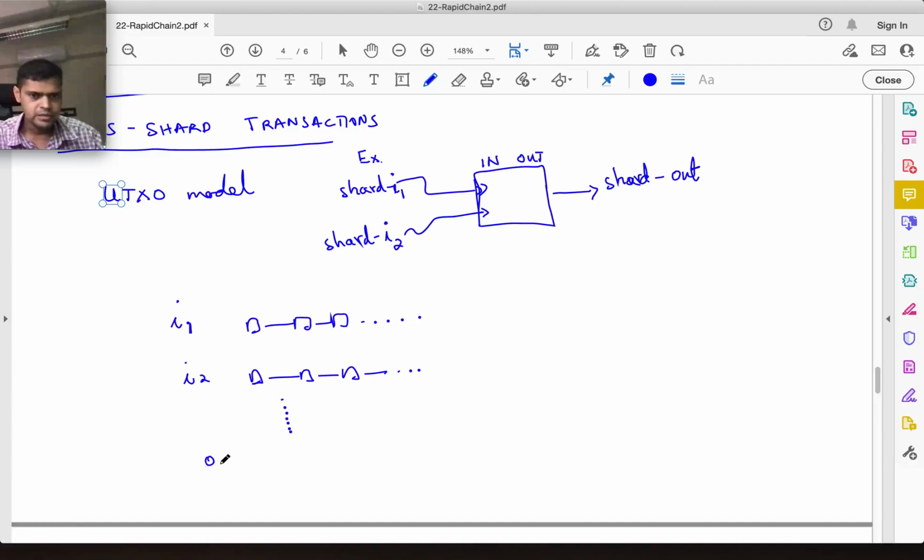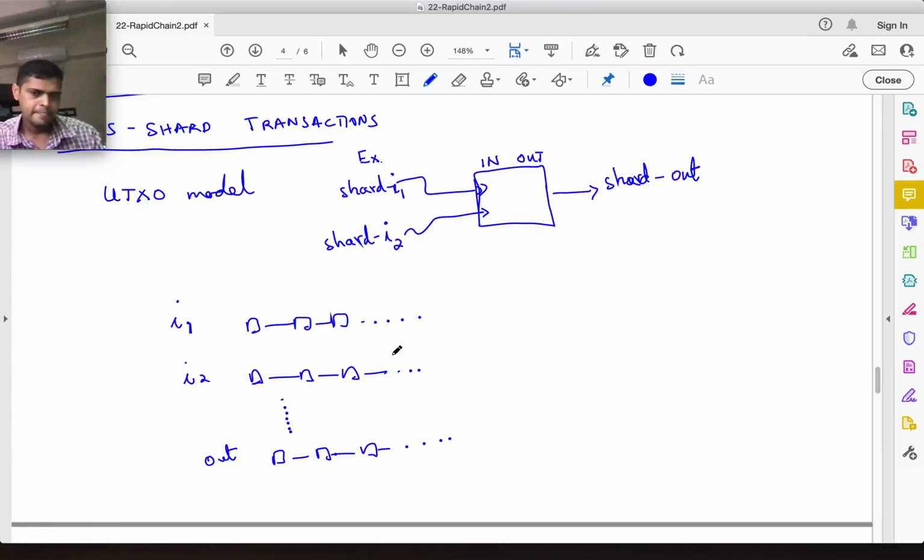And somewhere else there is shard, I'm just calling it out. So you want to take money from two different shards and put it in a third shard. Right? This is a typical example where you have two inputs and one output, and we'd have to wonder what if there is more than two outputs, right? But you can extend the idea. So let's just look at two inputs and one output.